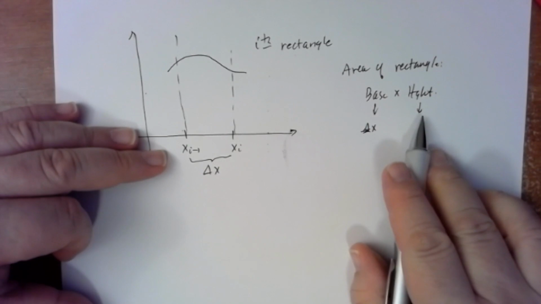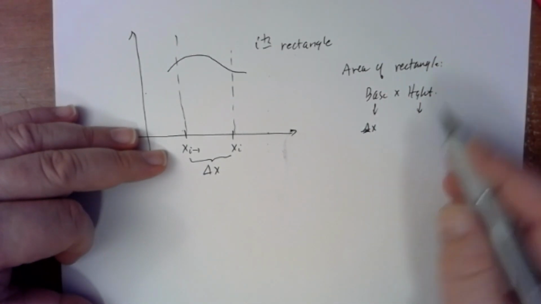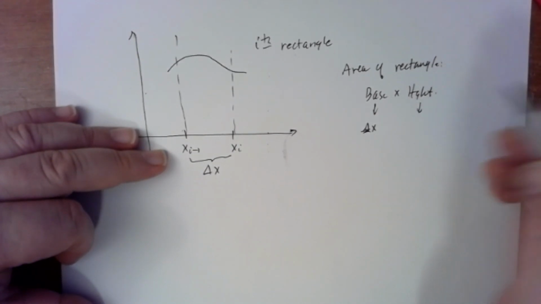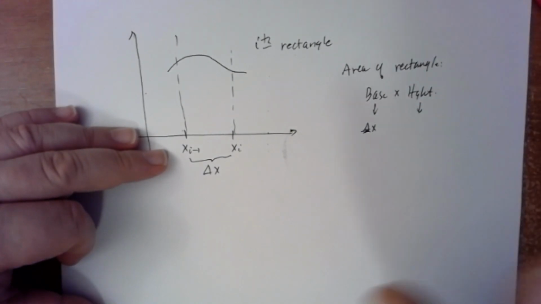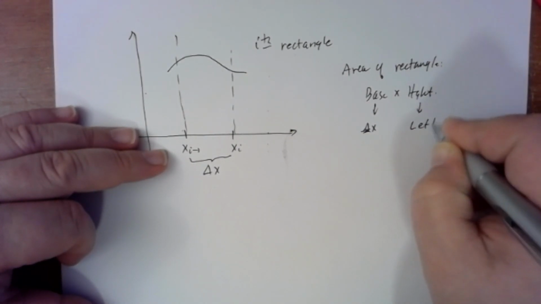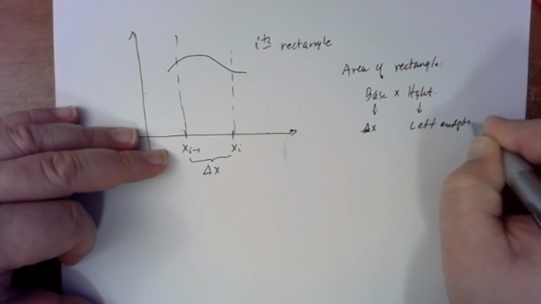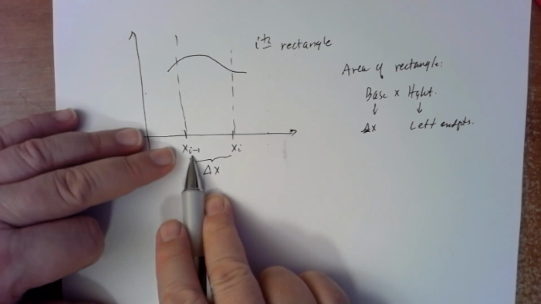And this is where it depends on whether we're using left endpoints, right endpoints, or midpoints. So let's go ahead and just do each one in turn. I said we were going to do right endpoints, but we'll do that in turn. How about left endpoints first? So that would mean you're using that point to measure the height. That's your left.